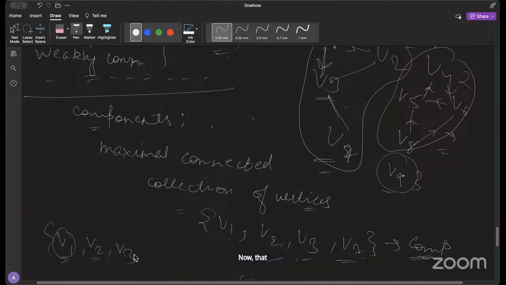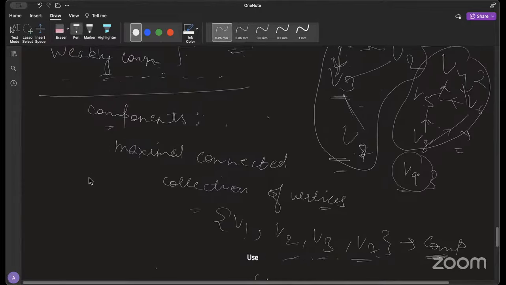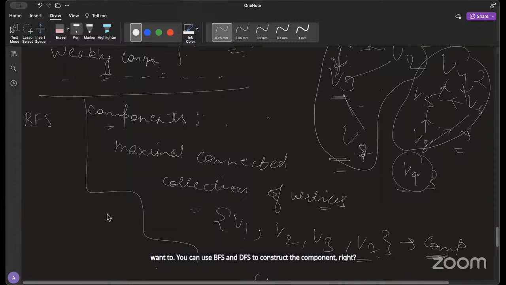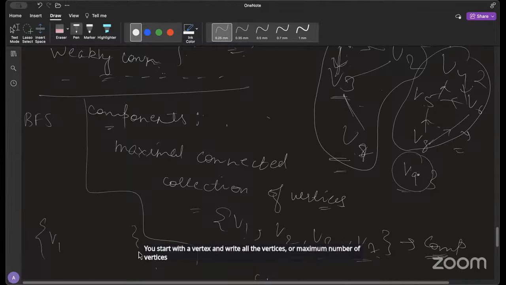Now you can directly use the BFS thing here, BFS or DFS, whichever you want to. You can use BFS and DFS to construct a component, right? If you have to find a component, how do you form a component? You start with a vertex and write all the vertices, or the maximum number of vertices, that can be reached from V1, right?